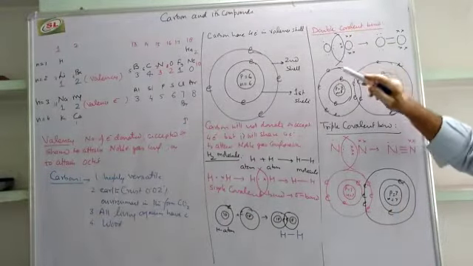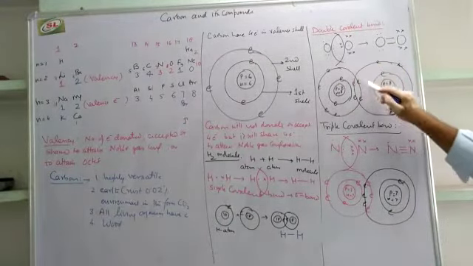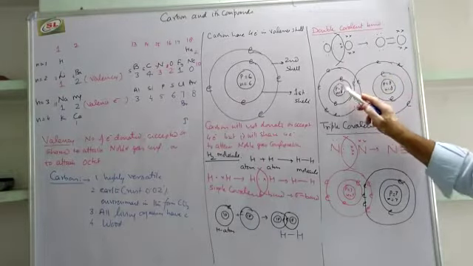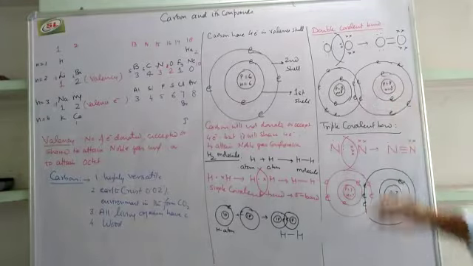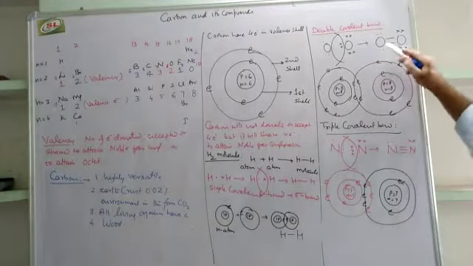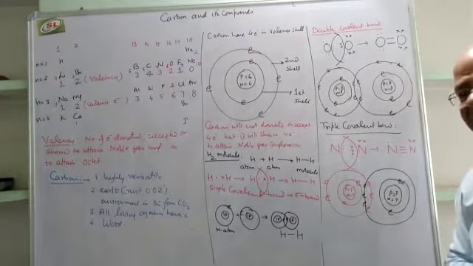Out of 6 electrons, 2 electrons will be shared with each other. As protons are 8 and neutrons are 8 in both atoms, 2 electrons will be shared between them and a double covalent bond will form.